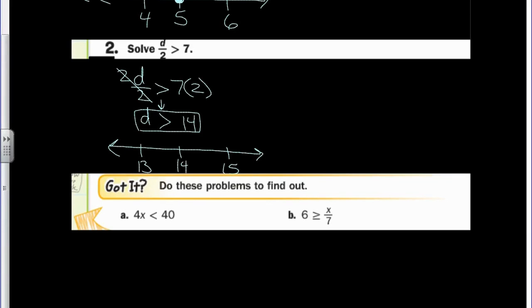Now, because there is not an equal bar on this sign, we're going to use an open circle on 14 because it is not equal. And since d is large, and the large numbers are to the right, we're going to have our arrow going to the right. All right, that brings you up to lettered problems A and B.